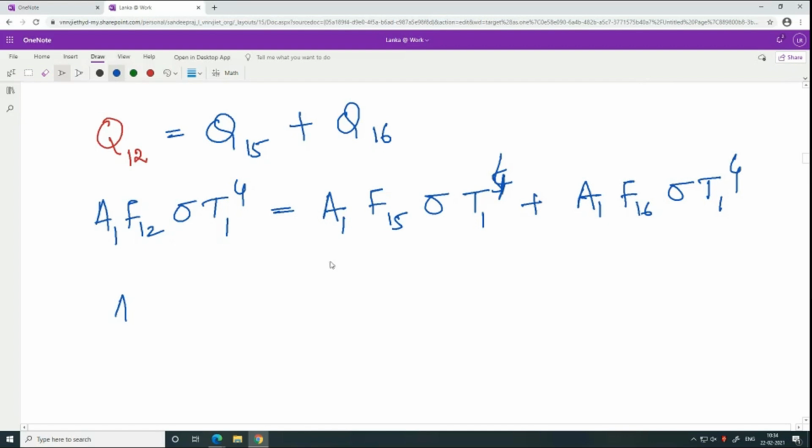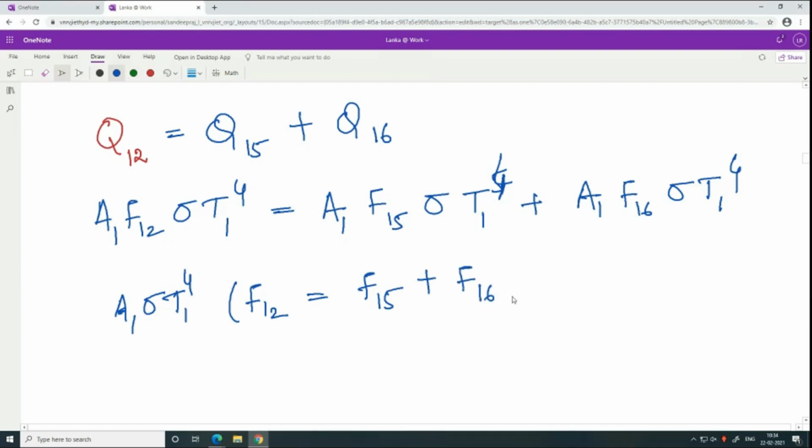So, if this is the case, sigma T1 power 4 will be taken out. A1 into sigma into T1 to the power 4 can be taken as common. So, what you have is F12 will be equal to F15 plus F16.